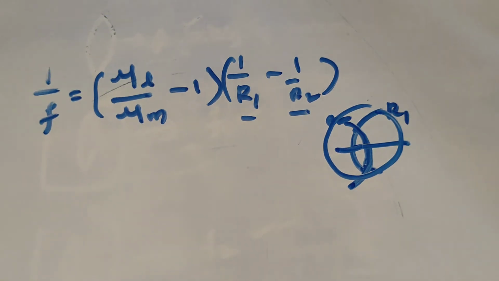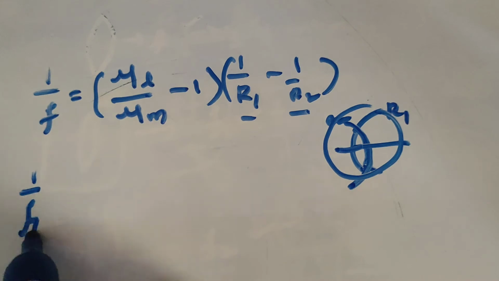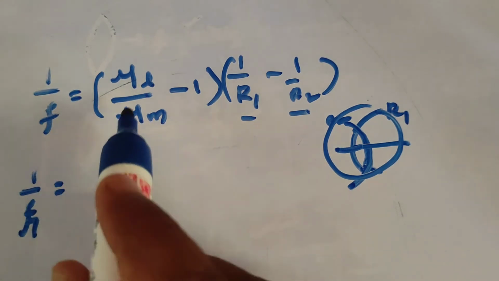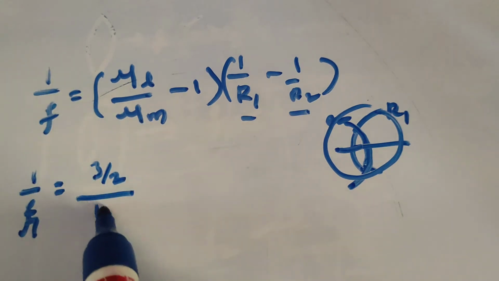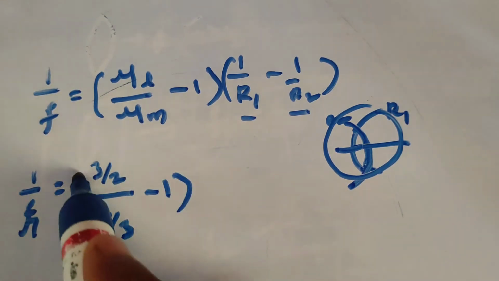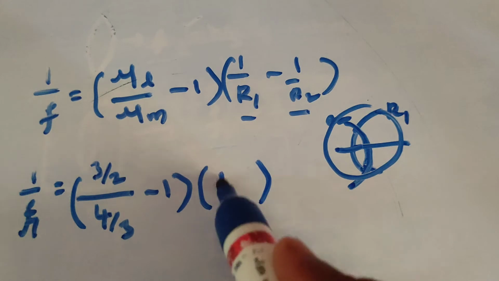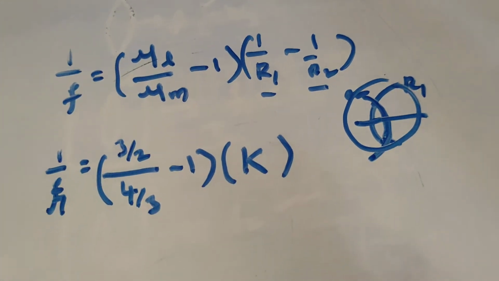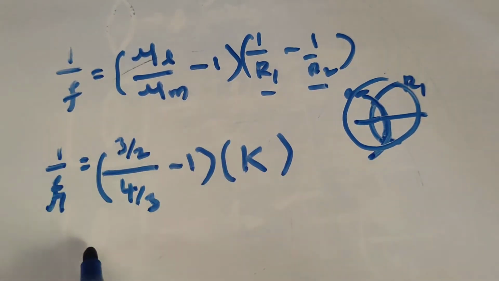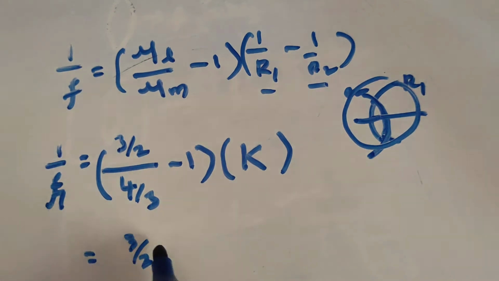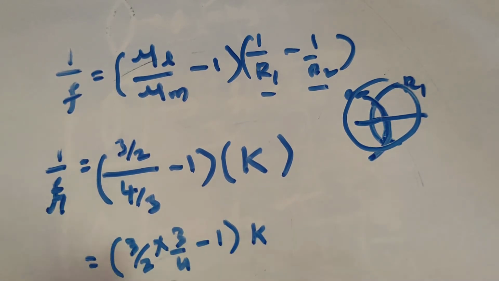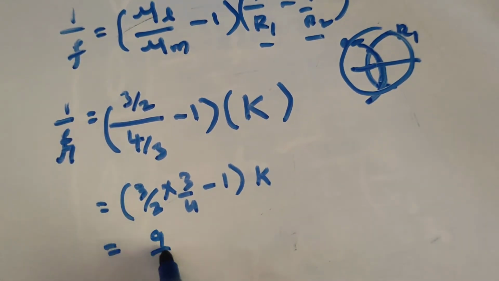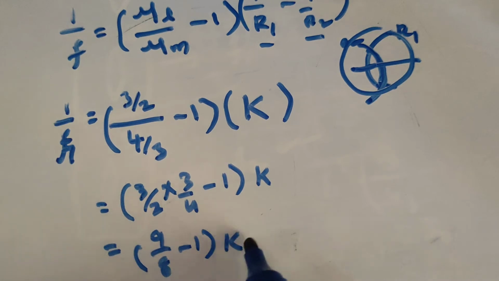Now the first condition: 1/f1 equal to (mu lens, which is fixed at 3/2, immersed in the 4/3 liquid, minus 1) times the constant. Put that constant as k, whatever it is. So (3/2 into 3/4 minus 1), that is 9/8 minus 1, into k.